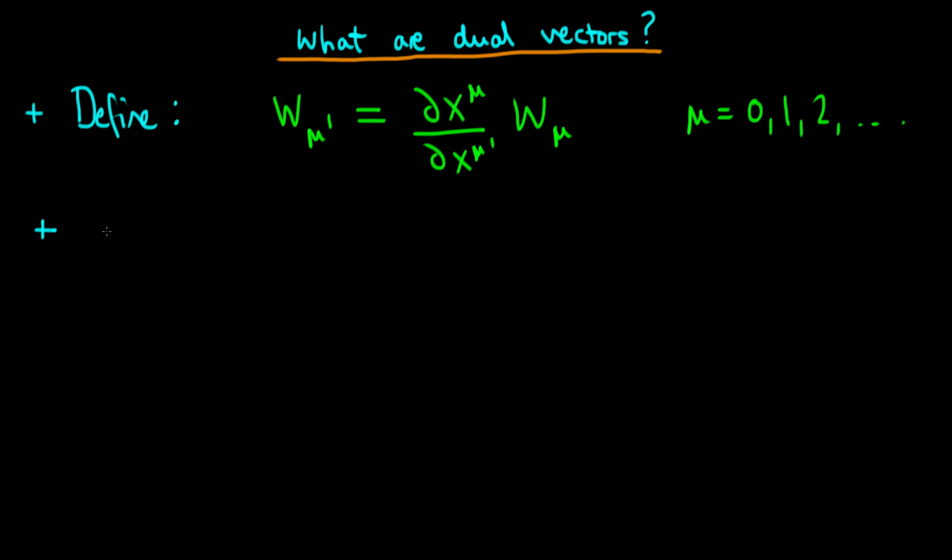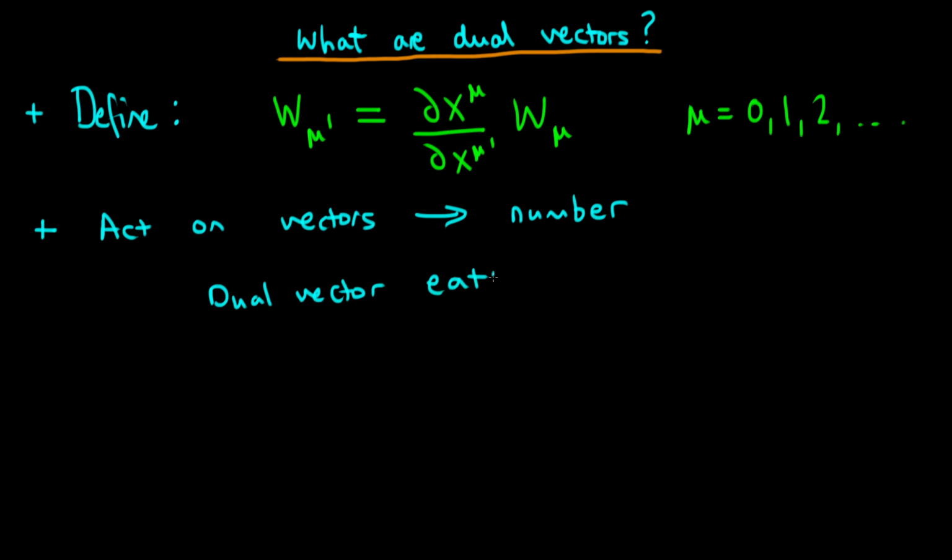Well, the idea is that they act on vectors, and if they do so, they produce a number. In other words, a scalar. So the idea is that a dual vector essentially eats, by eats I obviously just mean acts on, a vector to produce a number, and by that I mean a real number.